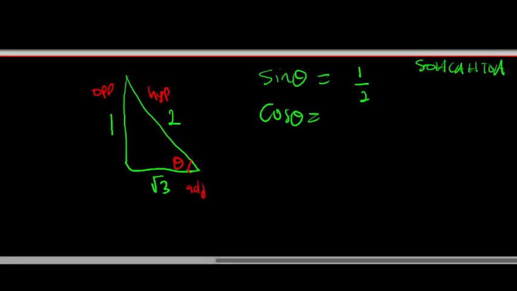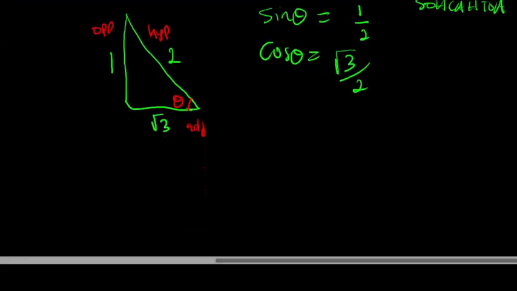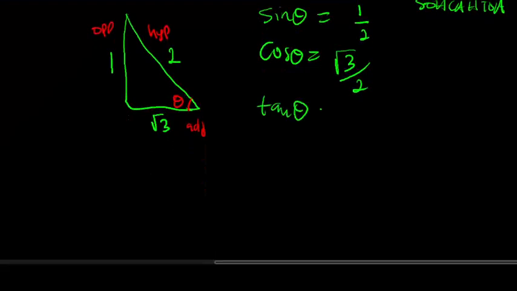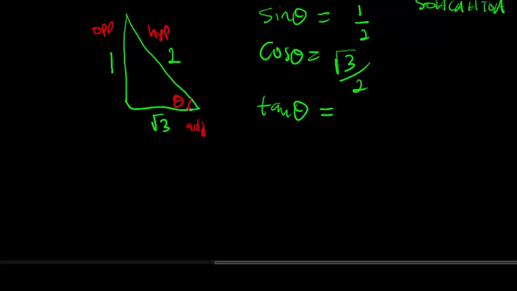Cos theta is adjacent over hypotenuse. That is root 3 over 2. That is cos theta. Also, we have tan theta as well. Tan theta is opposite over adjacent. That is 1 over root 3.